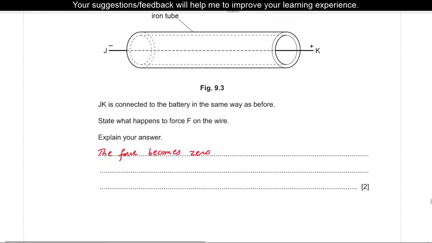So the force becomes zero because the wire is magnetically screened by the iron tube.